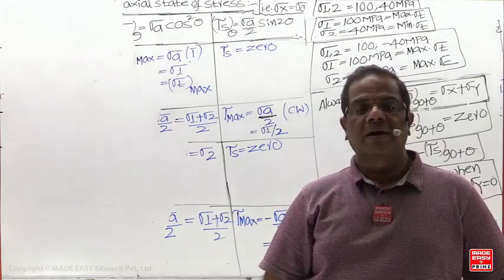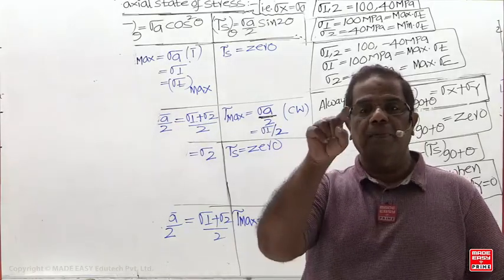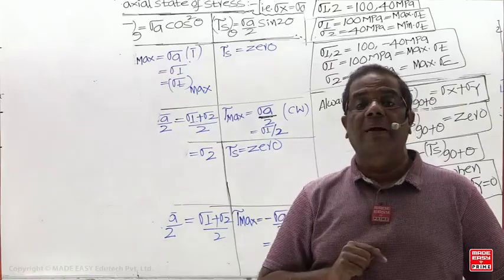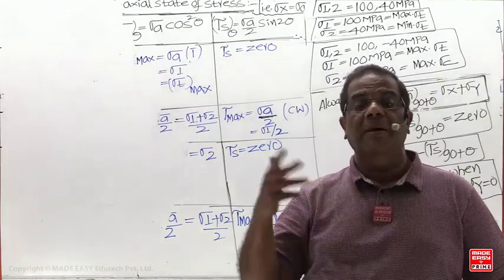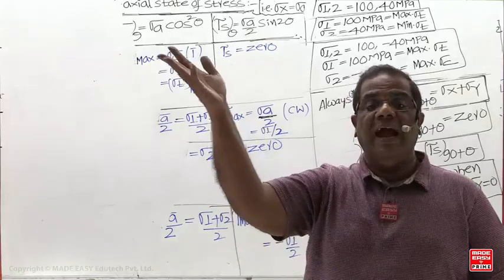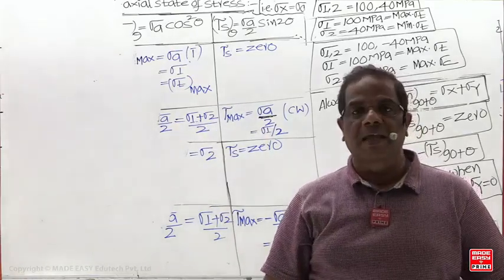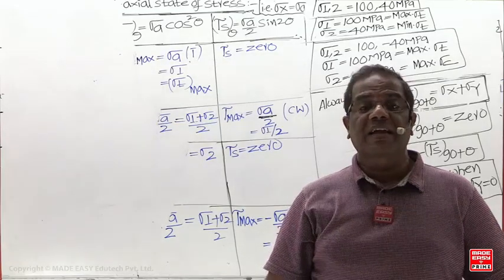So somebody will ask now, what is the significance of the principal plane? Sir, on the principal plane shear stress is zero. If the shear stress is zero, what happens now? Normal stress is going to become either maximum or minimum. So once you know the maximum and minimum normal stress planes, you can identify where the fracture will occur in case of brittle material. But where will the fracture occur?